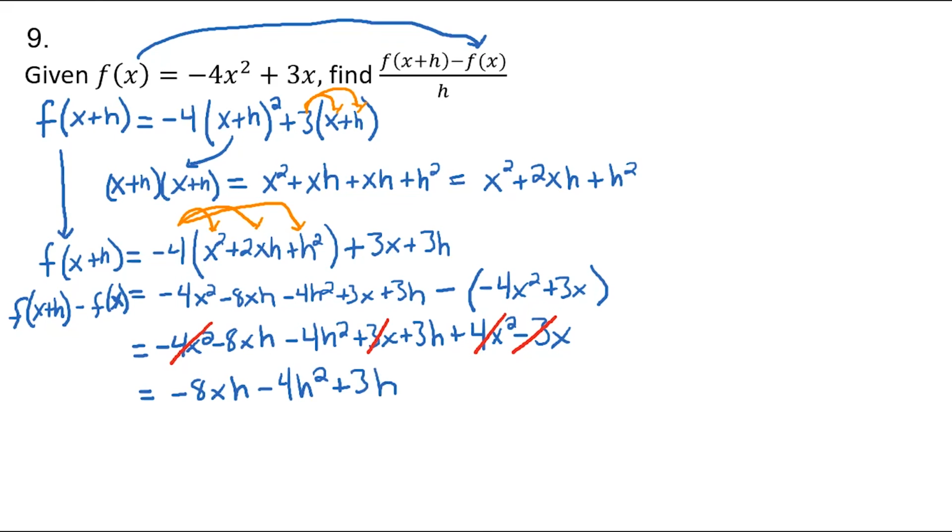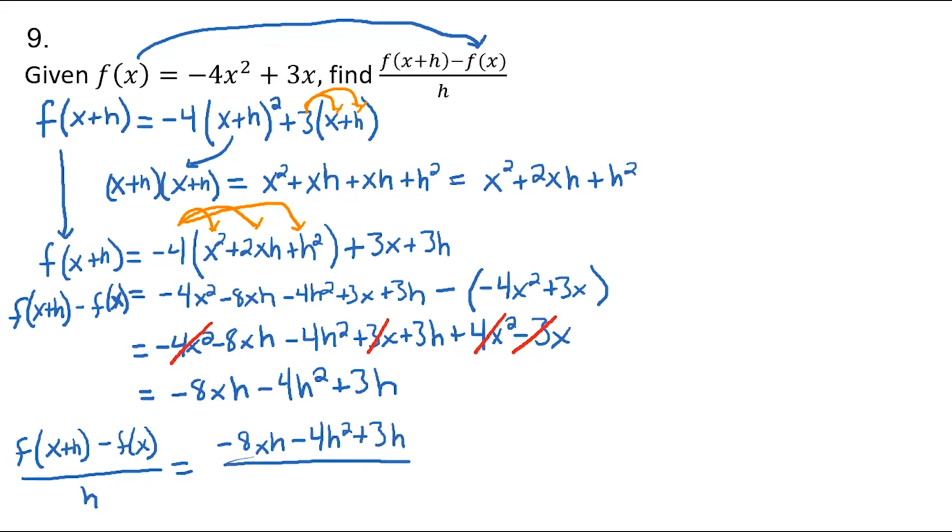And now what I want to do is set up my f of x plus h minus f of x all divided by h. So that's this, taking all of that and just putting an h underneath. And again, I can cancel out like terms.